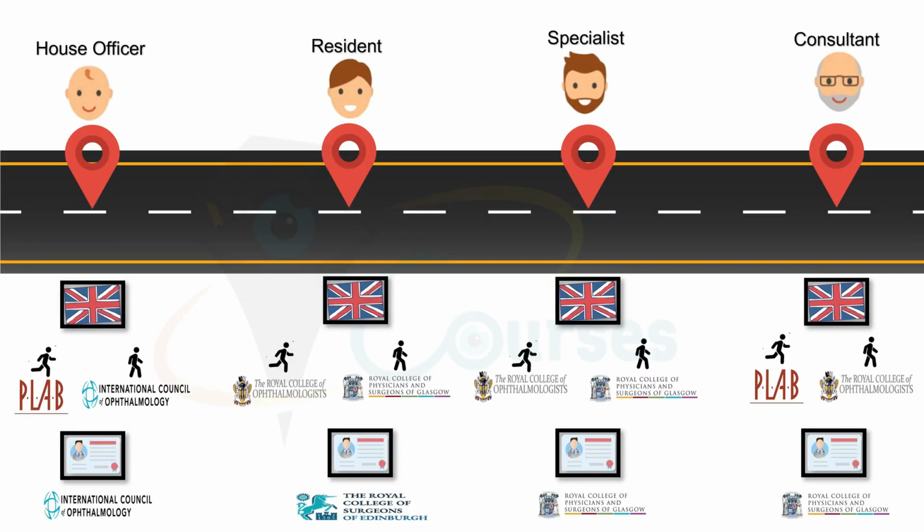If you just want a certificate and you don't have aspirations to travel to or work in the UK, you just want to increase your reputation or be affiliated to an international body, then I recommend the FRCS Glasgow.